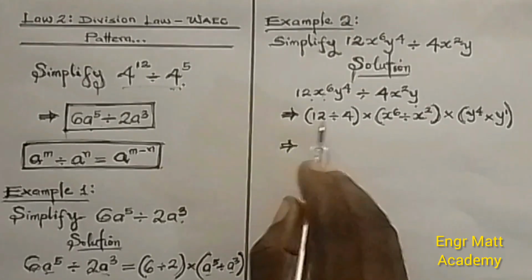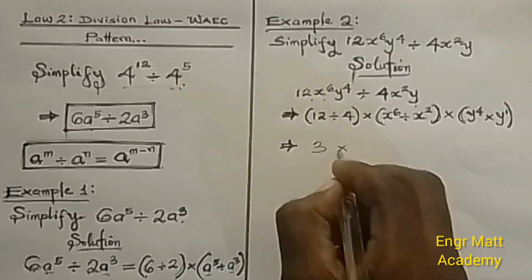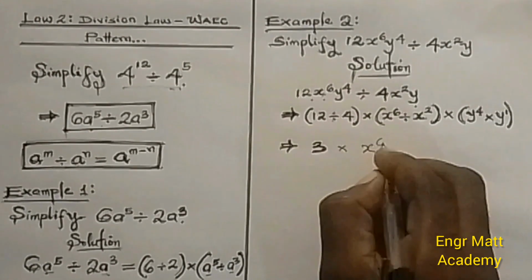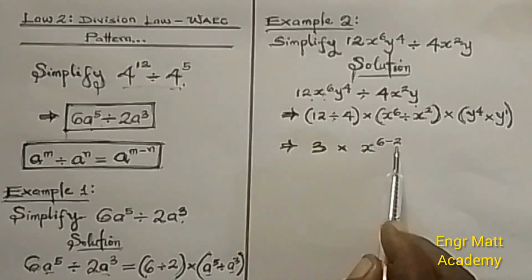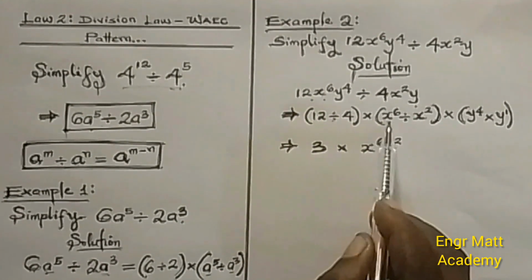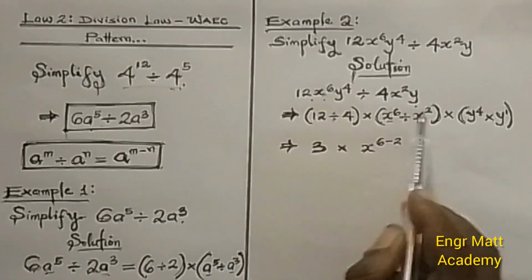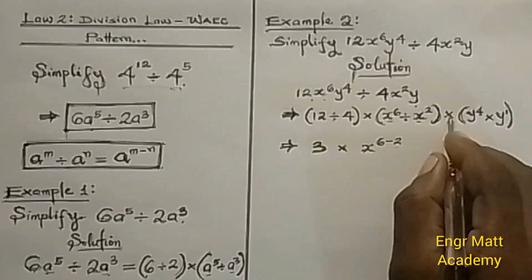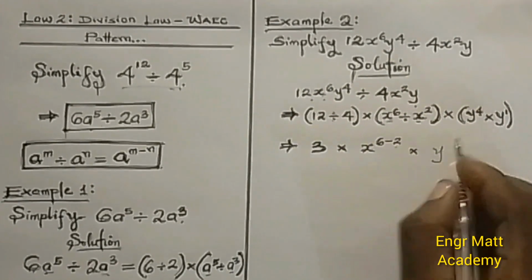So 12 divided by 4 is 3, times x to the power 6 minus 2. How did we get this? Because we are dividing, and the law tells us that when the base is the same, we subtract the powers, times y to the power 4 minus 1.